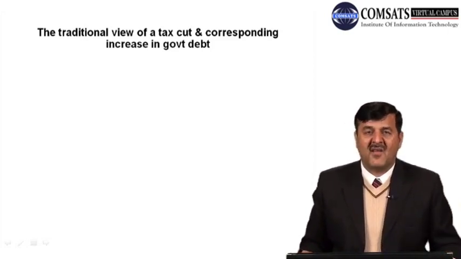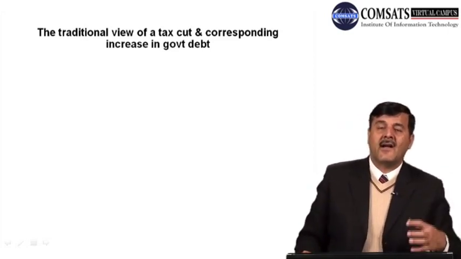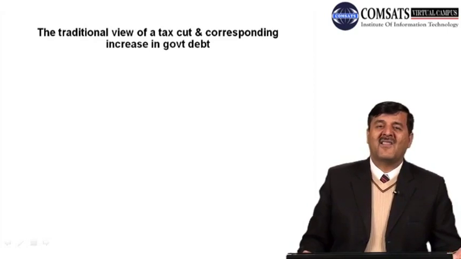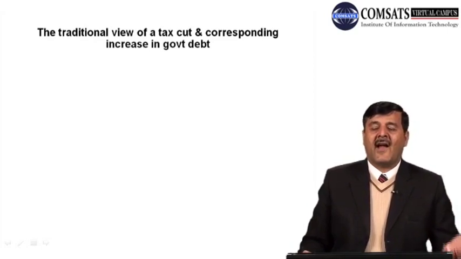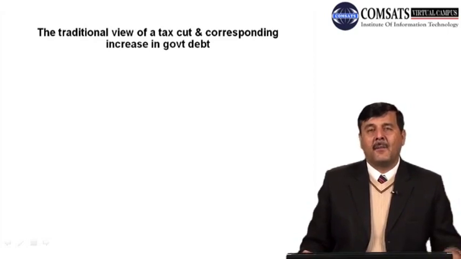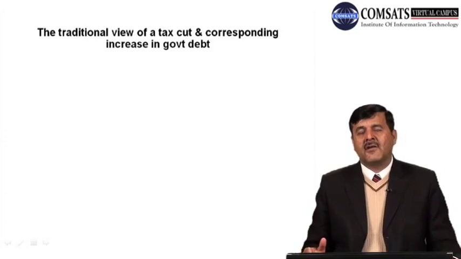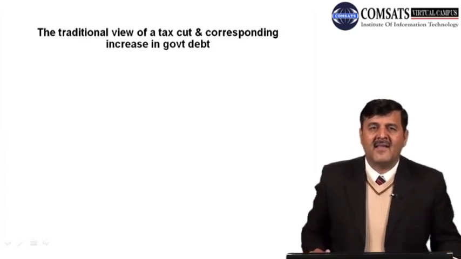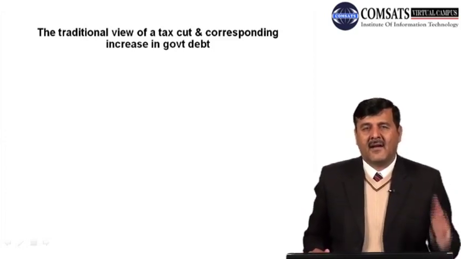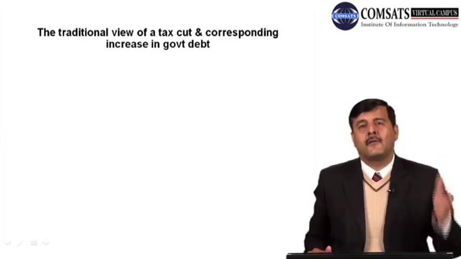What the traditional economists say about this, and then we'll see what the Ricardian group of economists says about the tax cut and the corresponding increase in government debt, right? Then we come up with the final conclusion, whether we can say that government debt is really a problem for countries, for economies, or not.